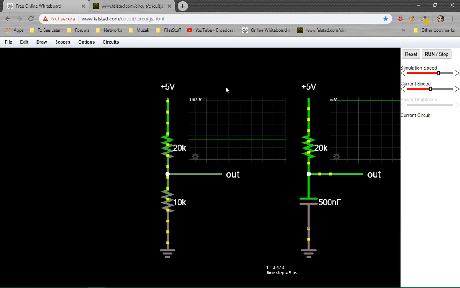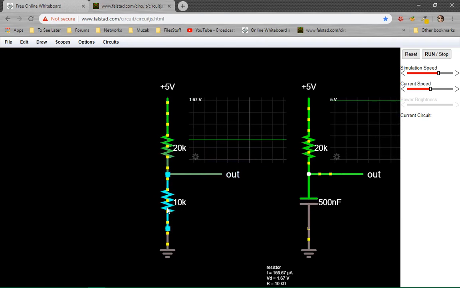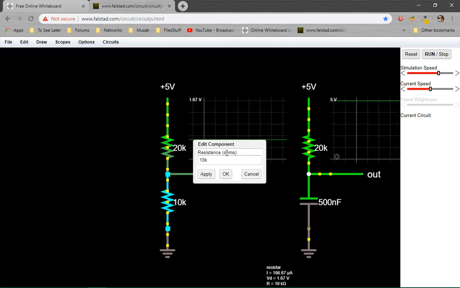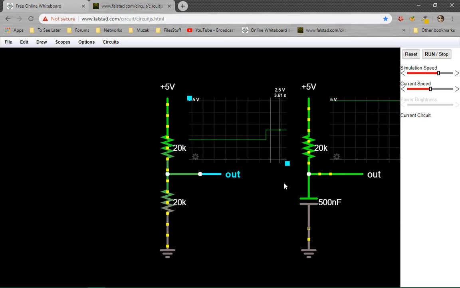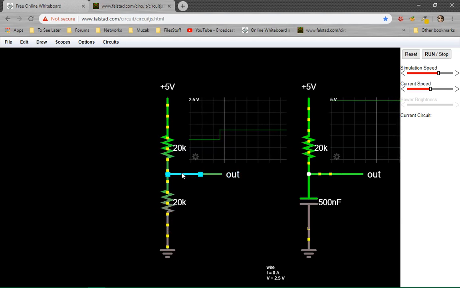So as you can see, we are having here 1.67 volts at this point because the values of these resistors make it so. If this resistor is higher, like 20, the voltage will change, and so this is higher, so the output seems closer to the 5 volts, therefore a higher voltage.